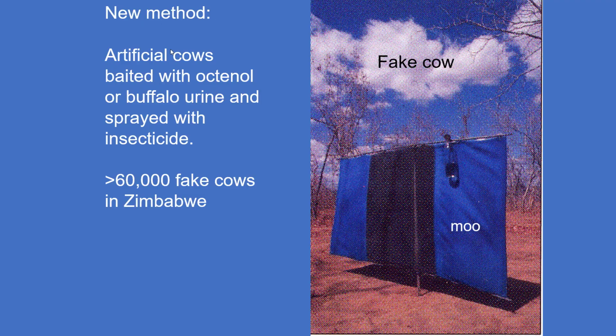And they've actually had quite a reduction in cases of both the cattle disease and the human disease because of this attempt. The flies land on these sheets thinking they're cows, get insecticide on them, and die. But unlike spraying insecticide, this insecticide stays on the fake cow, so it's not spread all over the environment.